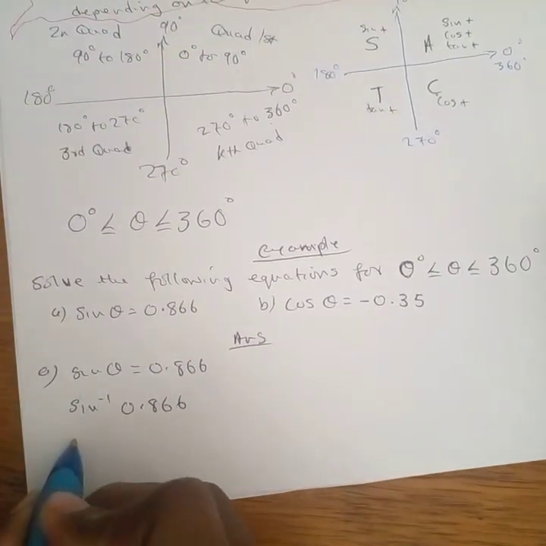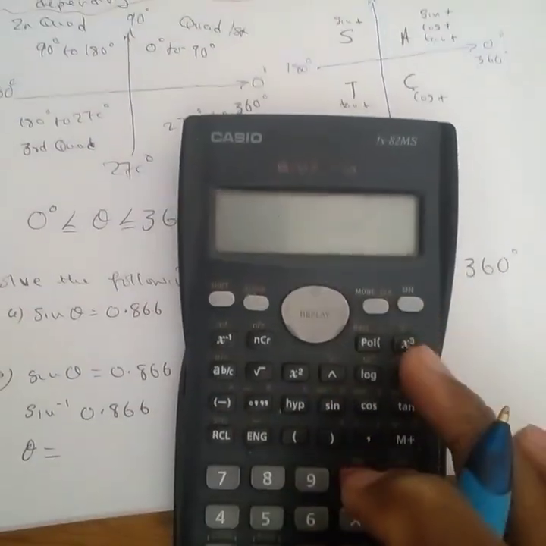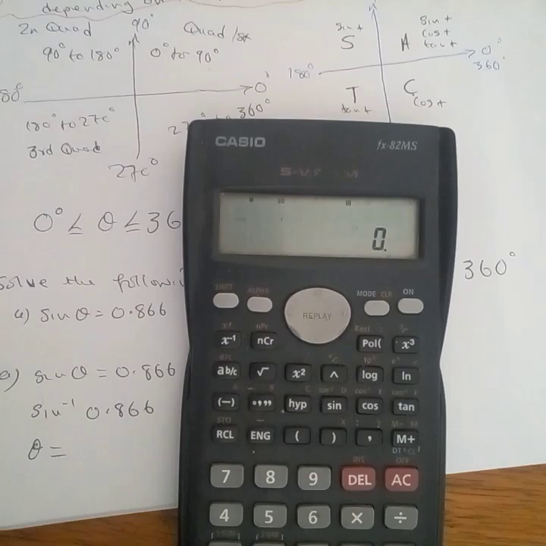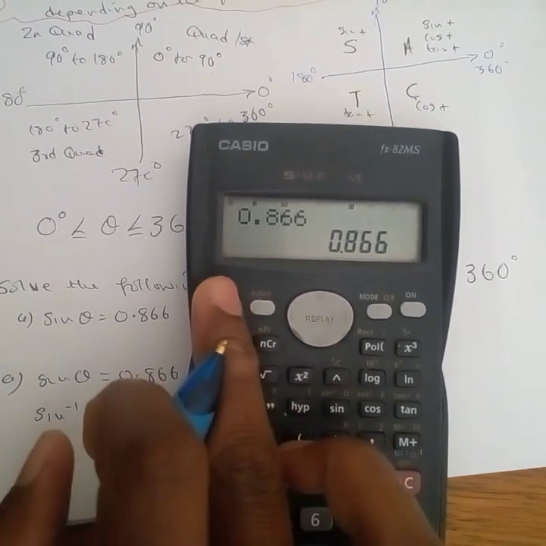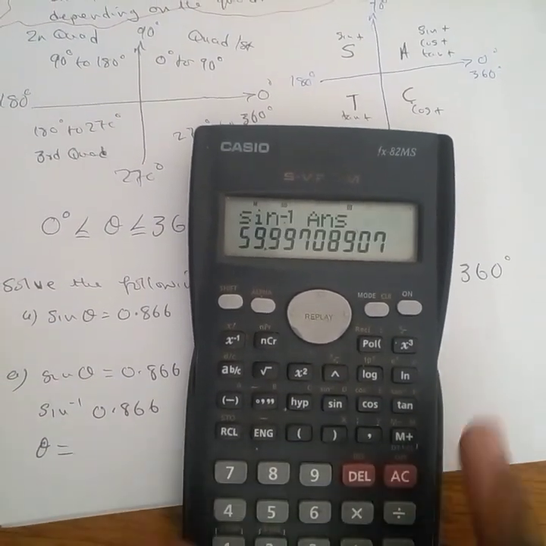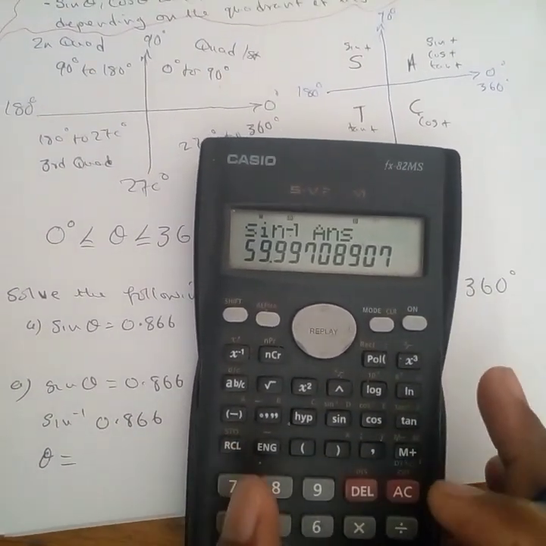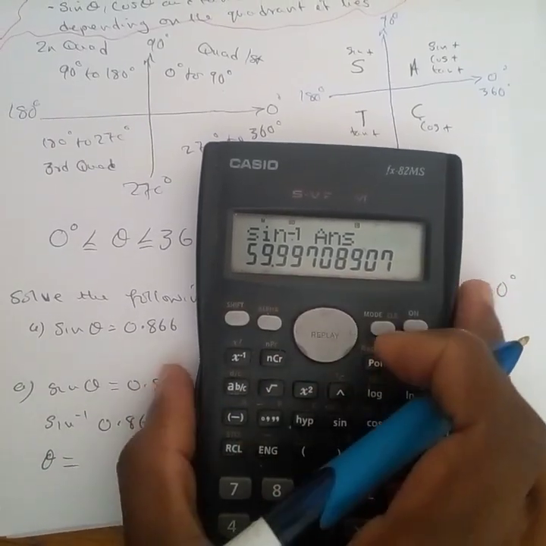So let's find the inverse for this one. Theta is going to be, you get your calculator like this one, then you punch in 0.866 equal to, shift and then sine. Okay, then we have 59.9, which is same as 60 degrees.